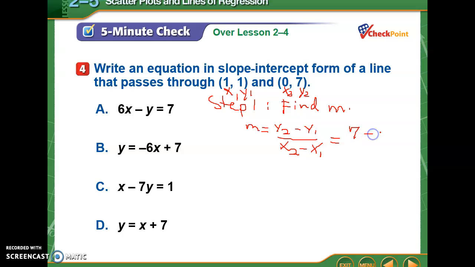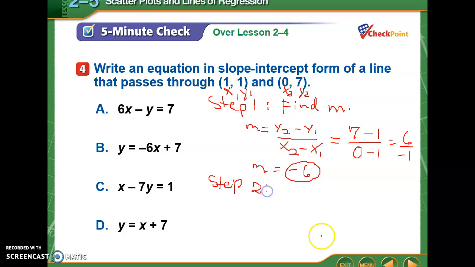So you have 7 minus 1 over, what do you get? 0 minus 1. So which is 7 minus 1 is 6. 0 minus 1 is negative 1. So your final answer for slope is negative 6. Okay, so we have our slope. Now we're going to find now the equation. So follow the next formula.